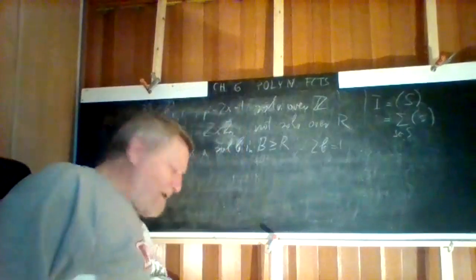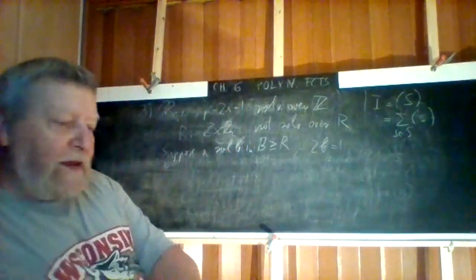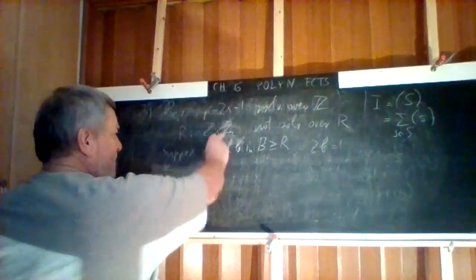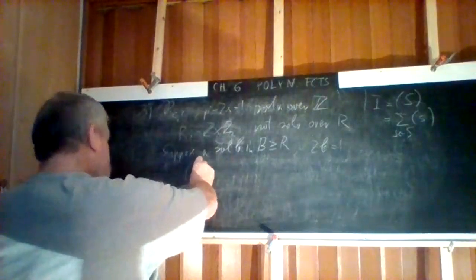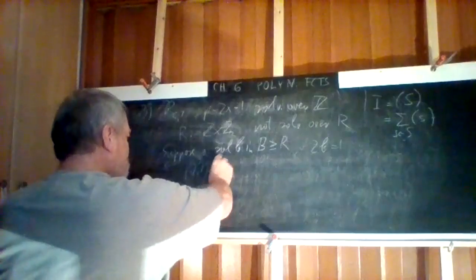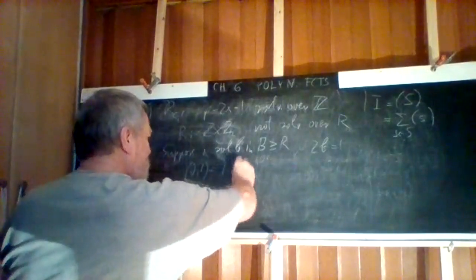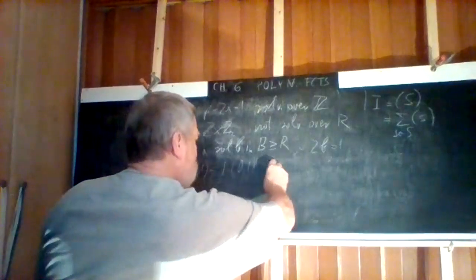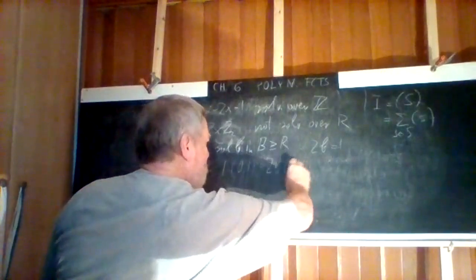But that leads to a disaster, namely we have pairs here, namely 0, 1, which is the same as 1 times 0, 1. 1 is the same as 2 times B, times 0, 1.